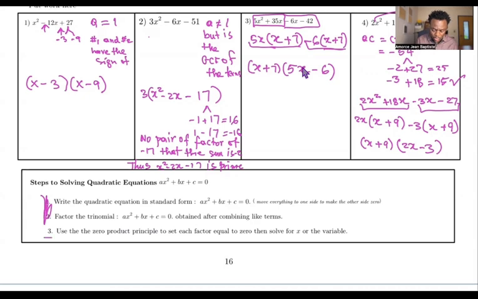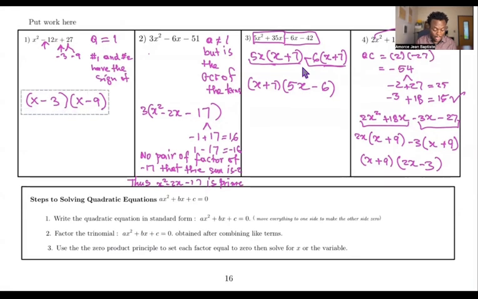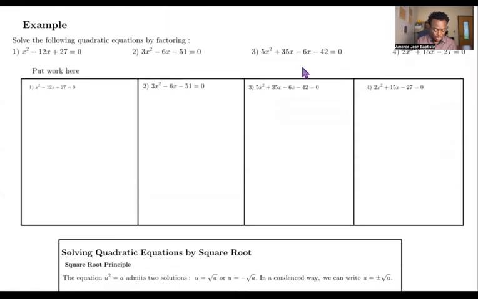And then now we're just going to use step 3, which is solving using the zero product property or zero product principle. So for the first one, it's the same expression. I'm just going to copy the factored form and bring it down here. It's already factored, but I'm going to add the equals 0 since this one is not just an expression, it's an equation.